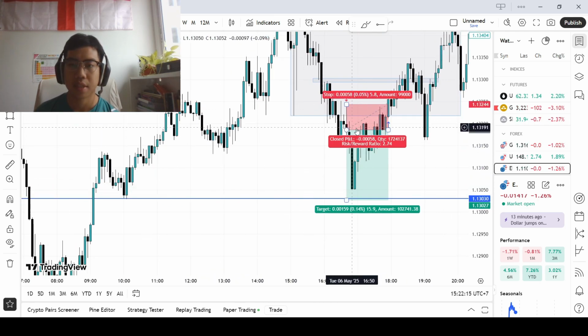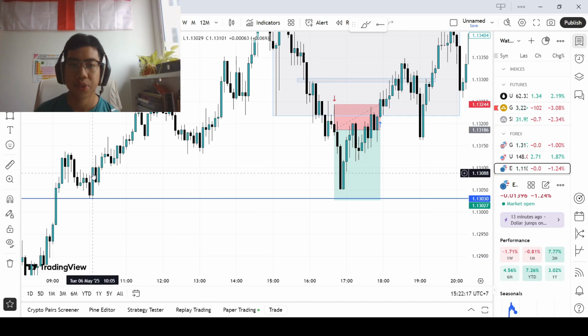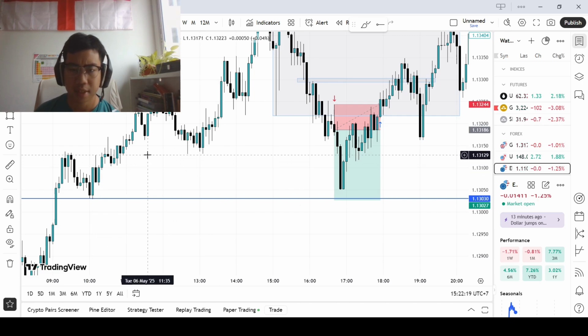It seemed to just bounce off these lesser predominant points of liquidity.